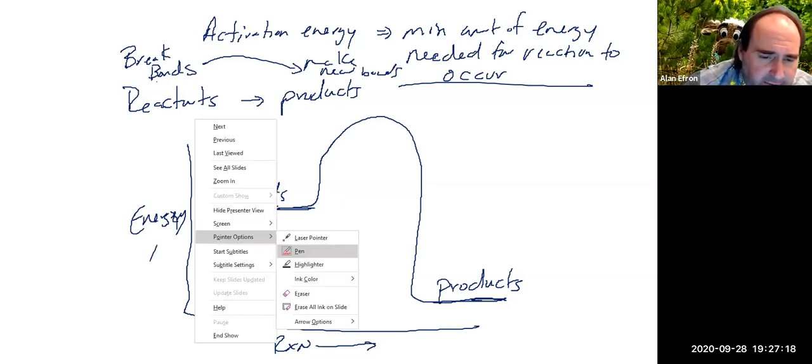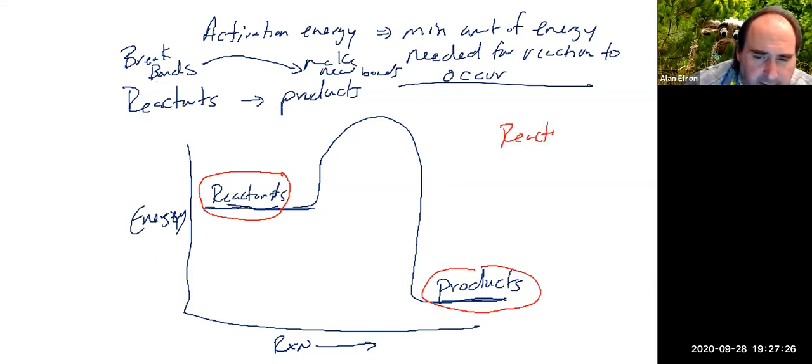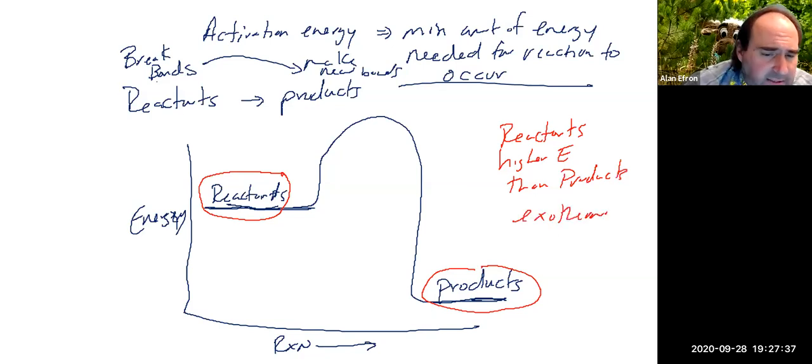And we know it's exothermic because our reactants are higher in energy than our products. So whenever your reactants, which is your starting material, are higher in energy than your products, this is going to be an exothermic reaction, which means heat and energy has to be given off. Easy way to think about it is reactants are higher in energy. In order for them to get down to where the products are, it has to give off that energy.